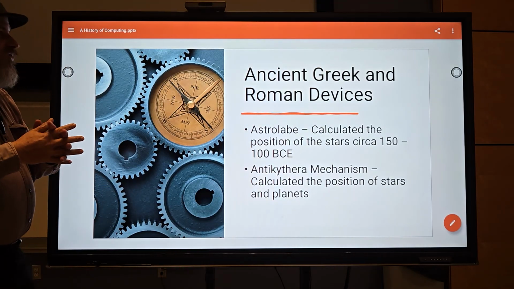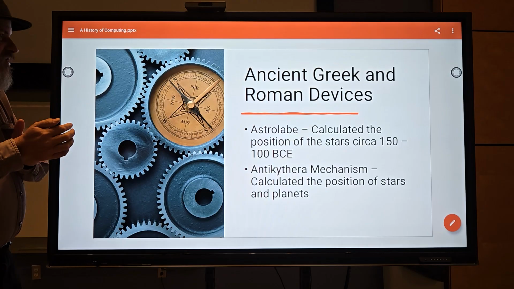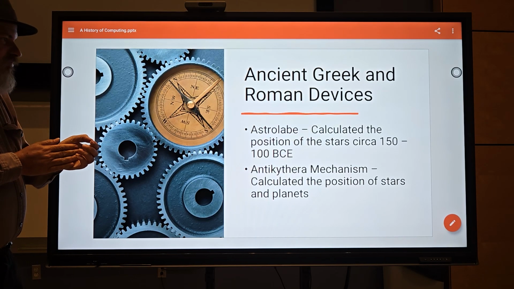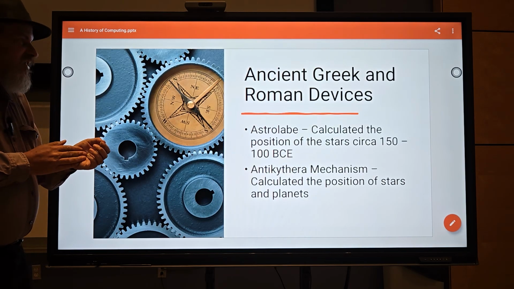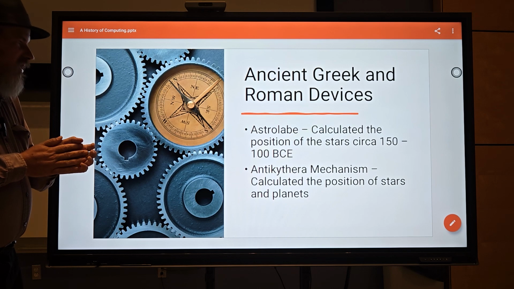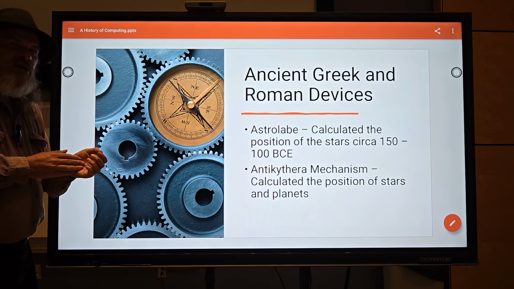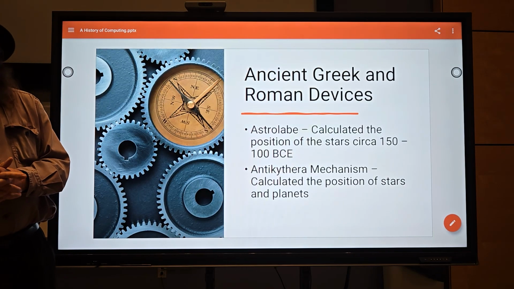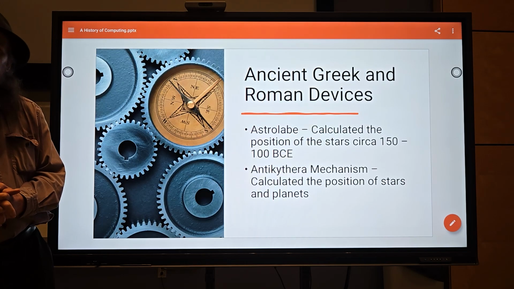Ancient Roman and Greek devices include the astrolabe and the Antikythera mechanism, which were used to calculate the position of stars and planets. A common thread in a lot of science is fascination with space.